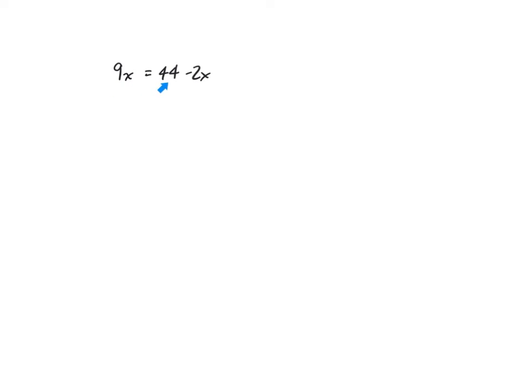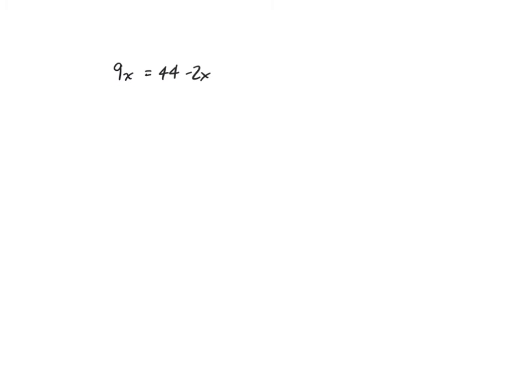On this side I have a constant and a variable term. So since I already have a constant on this side and a variable term over here, I'm going to take this variable term and move it over here by adding 2x to both sides. What that'll do is put my variable term on this side, and then I'll have my constant on this side.